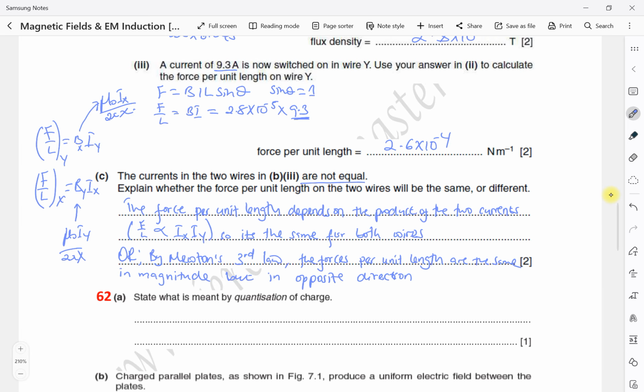So the forces are the same in magnitude, but they're in opposite directions.